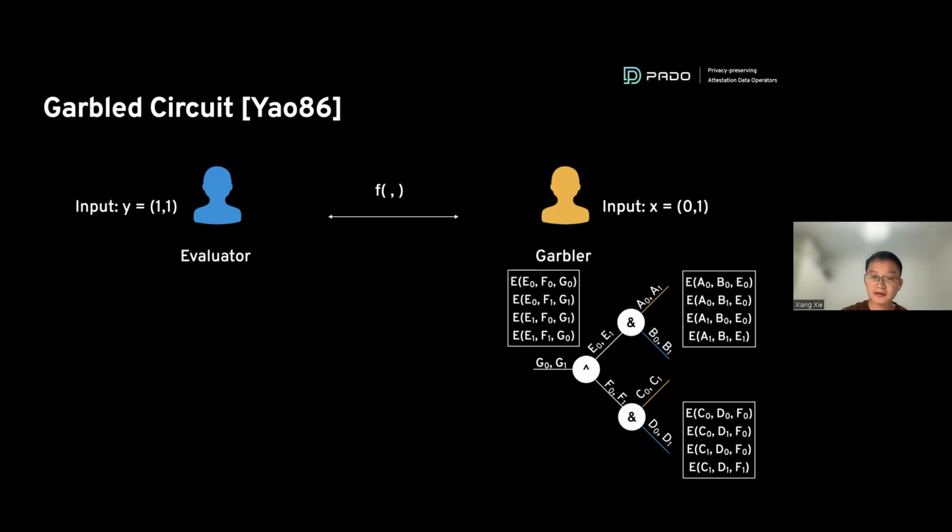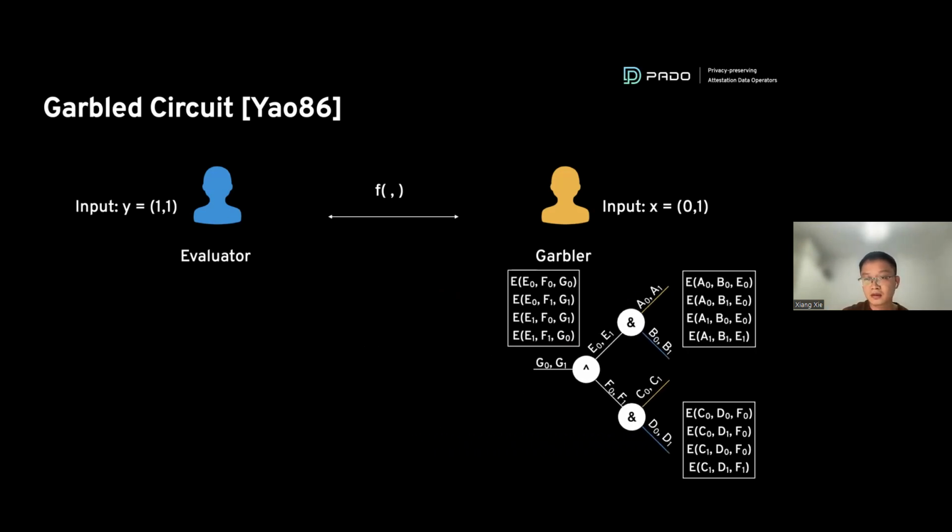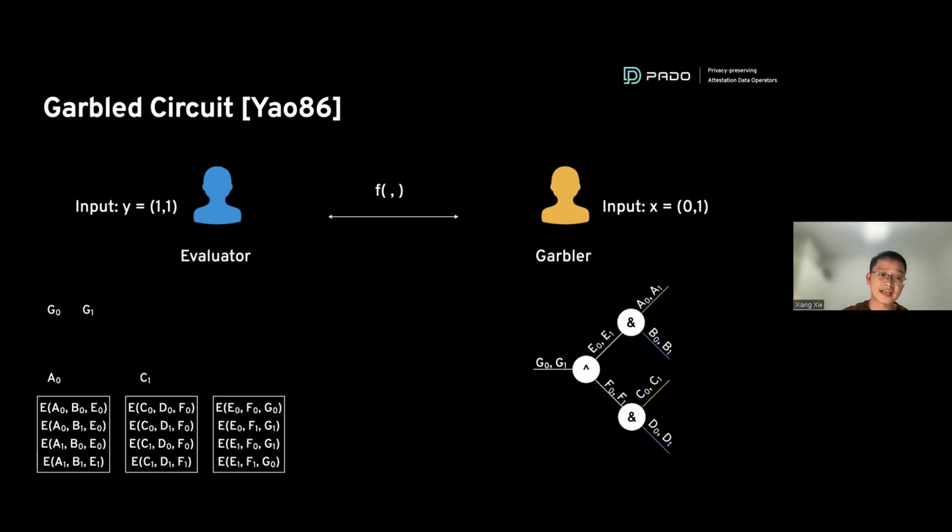The garbler can generate all the garbled gates for all the gates, and then send all the garbled gates, which is the garbled circuit, to the evaluator. In addition, the garbler sends the input labels according to his input, for example A0 and C1.